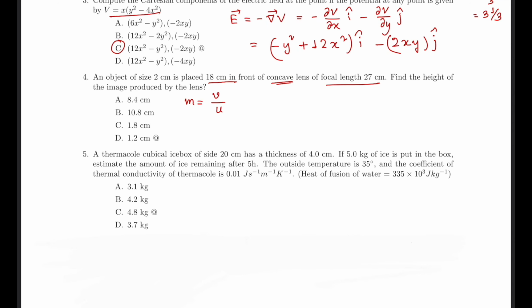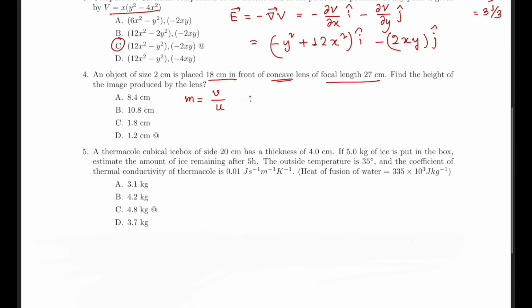So we need to first find the image distance. For that we use the lens equation, which says 1 by f is 1 by v minus 1 by u, given u is minus 18 centimeter, f is minus 27 centimeter, minus because it is concave.